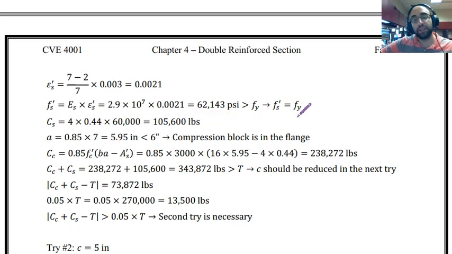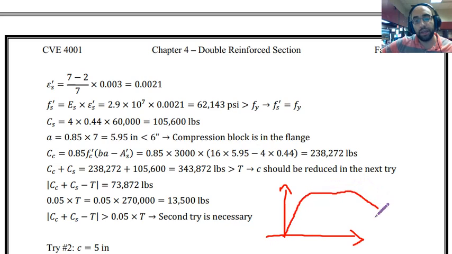There is an important check over here, and that is the comparison of this value versus Fy. As you remember from strength of materials, when we are talking about the behavior of regular steel, we are talking about this form of behavior like this, and over here we have Fy.